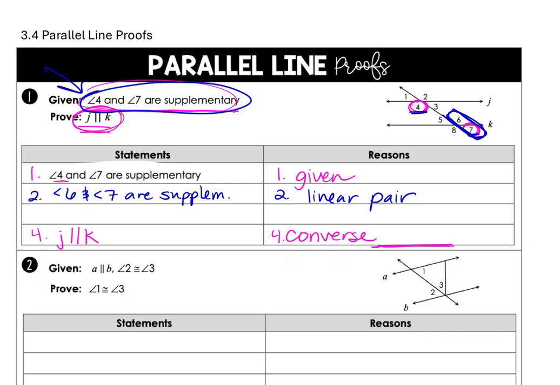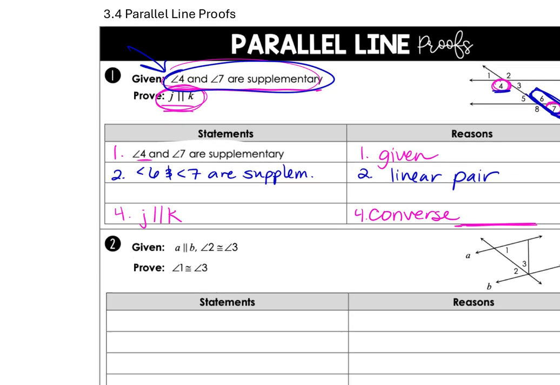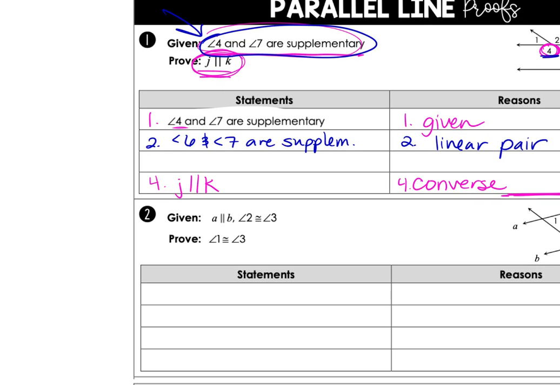Now, take it way back. You were given a reasons bank for all the proofs we did last chapter. We didn't do a lot with this reason, but let me point something out to you. If I tell you that 4 and 7 are supplementary and 6 and 7 are supplementary, then we had a theorem that said something about those two angles. What was it?